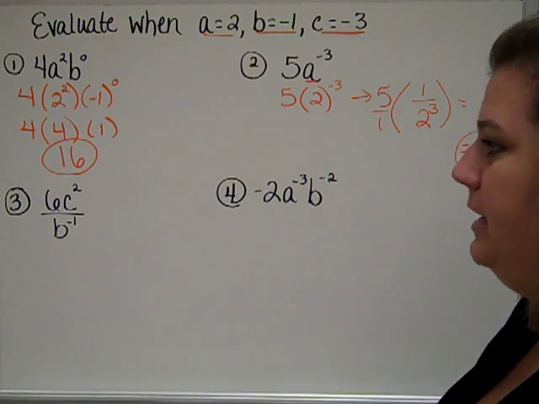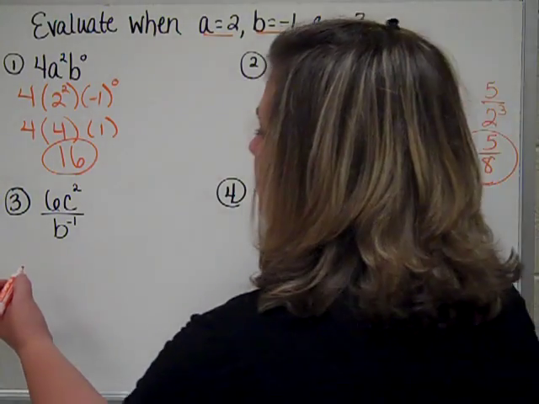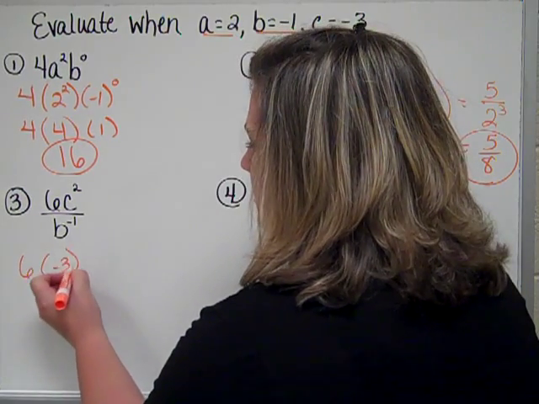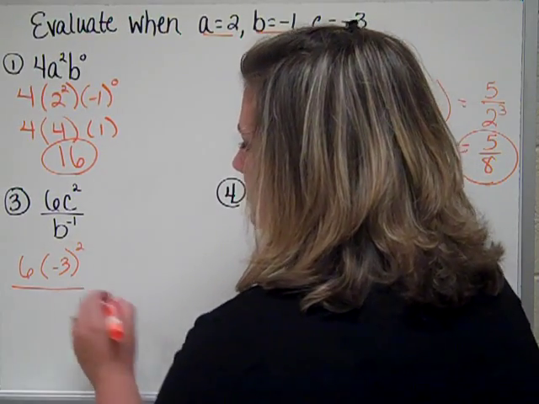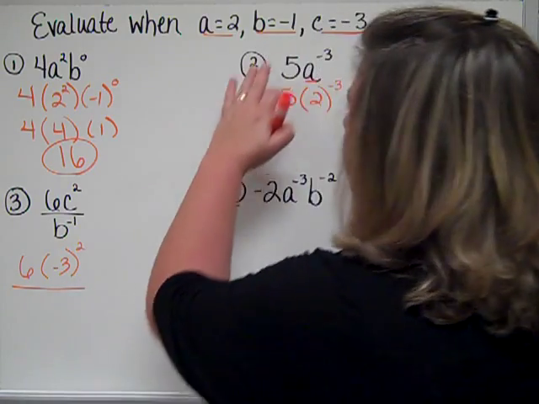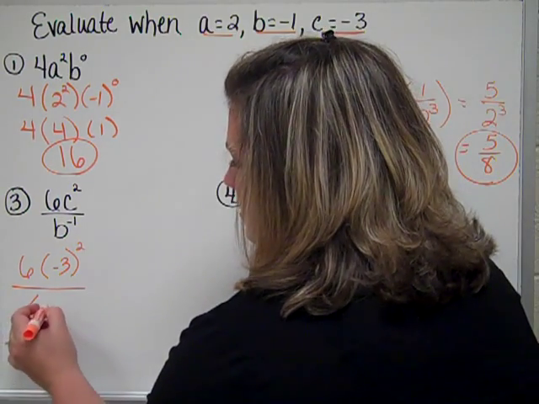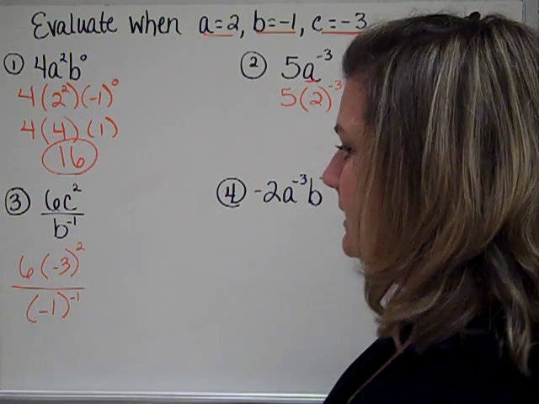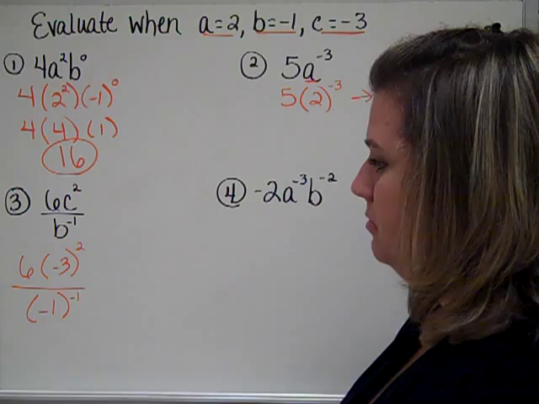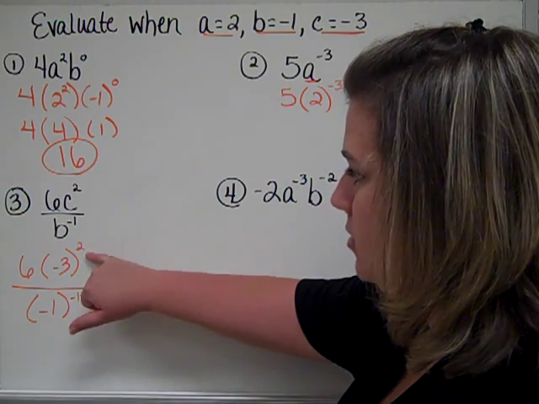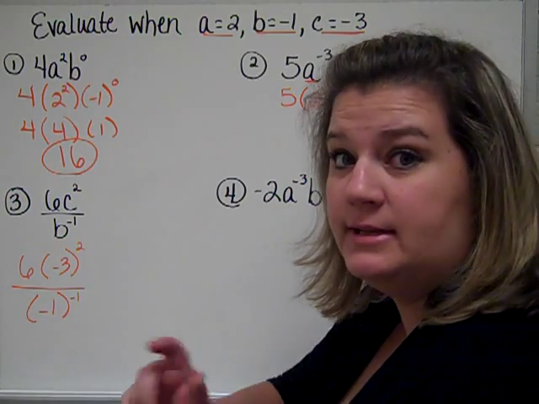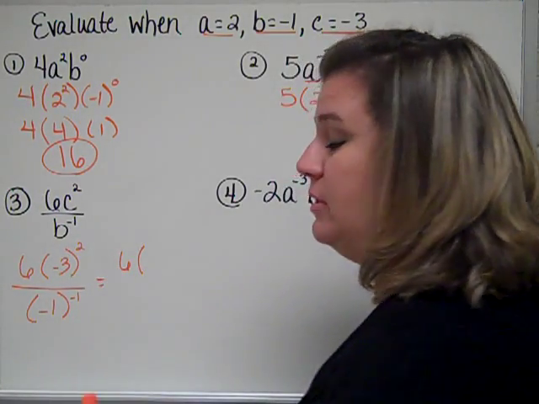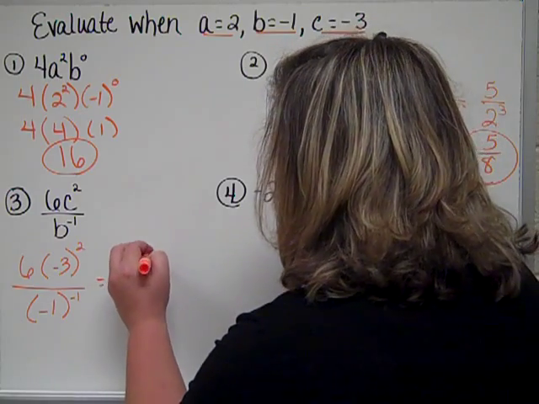All right, number 3. Let's plug in our values. So C is -3, and that is being raised to the second power. B is -1, and that has a -1 exponent. So let's clean this up some, okay? So remember, -3 squared, that's -3 times -3. So what's -3 times -3? It's a positive 9.